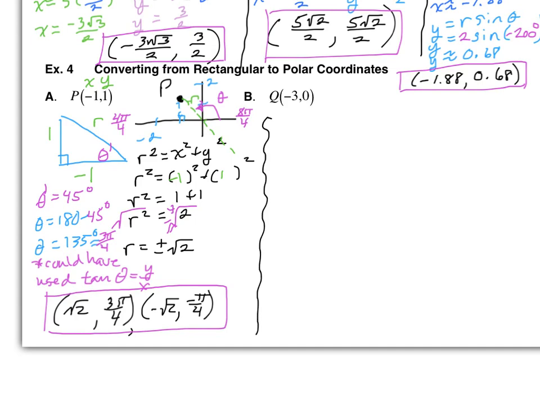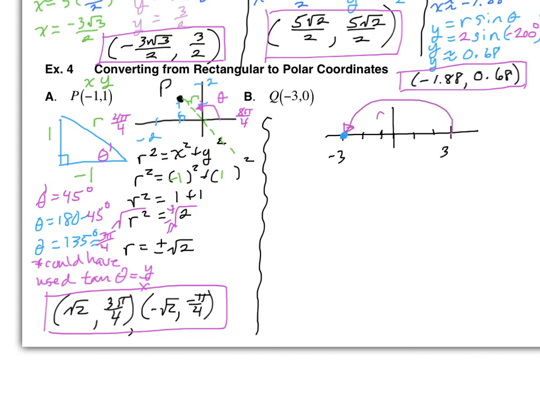This one's interesting because look at what happens when you plot that coordinate point. Where does it plot? Just 1 point. It's on the x-axis, isn't it, right? So if this is negative 3, this is positive 3. That point plots right here. So theta goes from here to here.